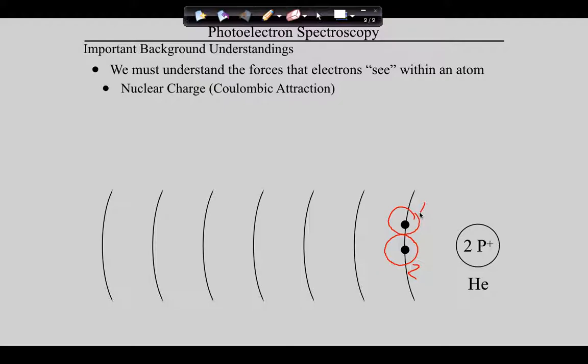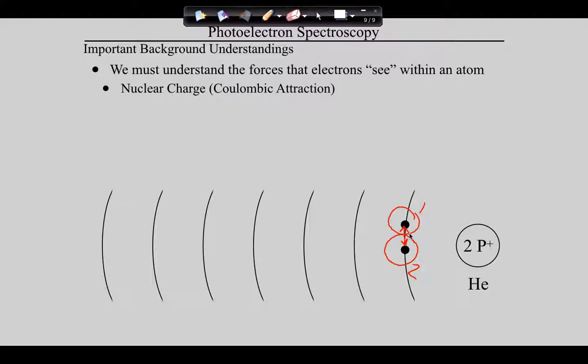Why don't electrons in the same energy level repel each other? Yeah, they do. But understand that there is a repulsion here. And we don't draw it that way. Really, these should be separated.